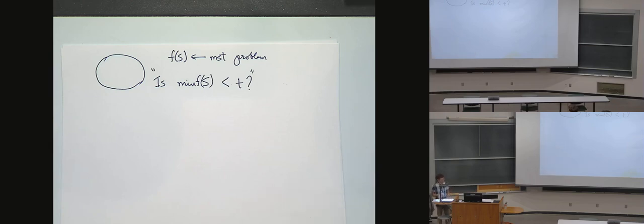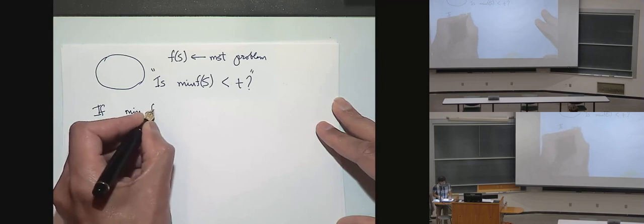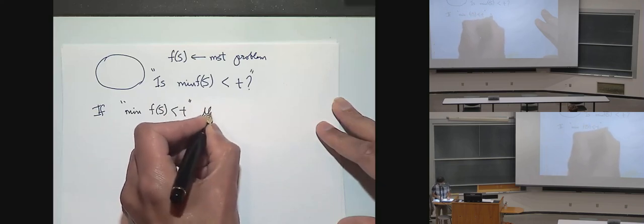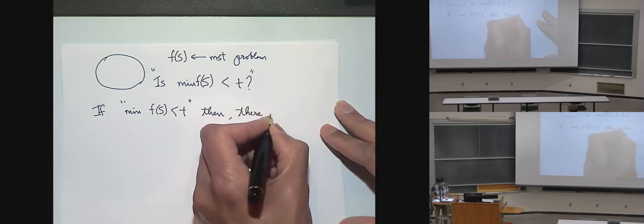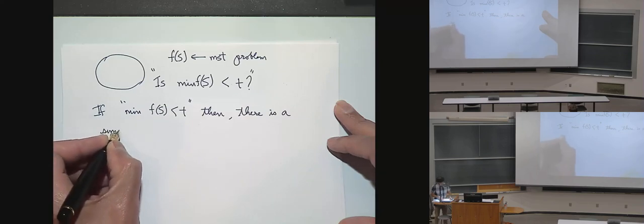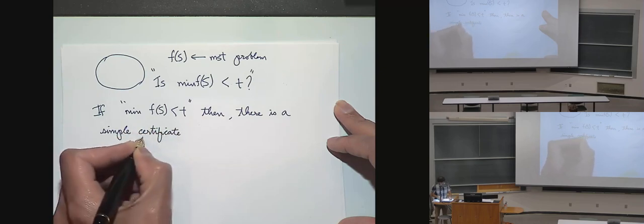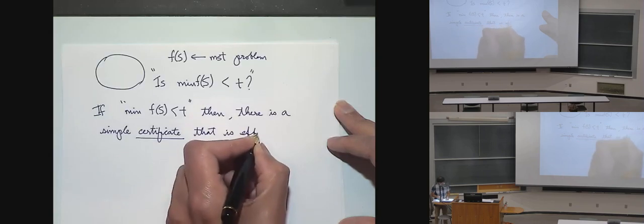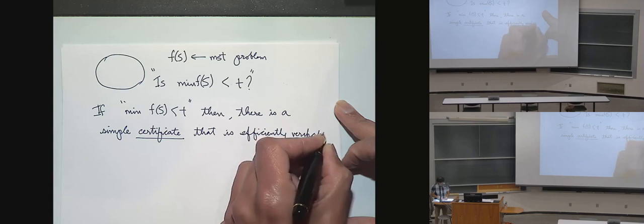So what they observed was that if the min of f of s is less than t, if the answer is yes, then there is a simple certificate that is efficiently verifiable.